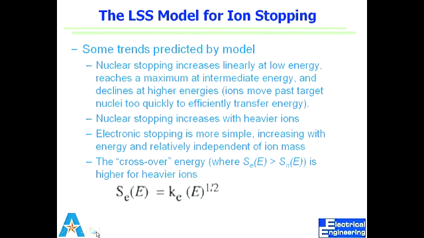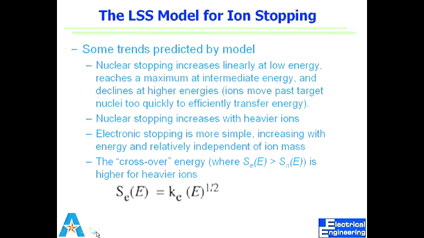Ions move past target nuclei too quickly to transfer energy completely. But nuclear stopping increases with heavier ions. So depending on what kind of ion we are using, nuclear stopping will become more dominant. Electronic stopping is simpler: the more energy you have, the more stopping, and it's independent of mass, right?